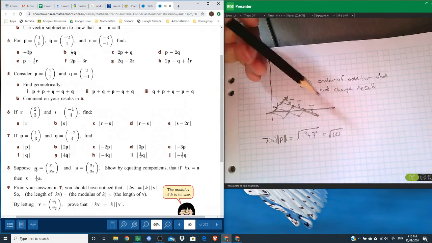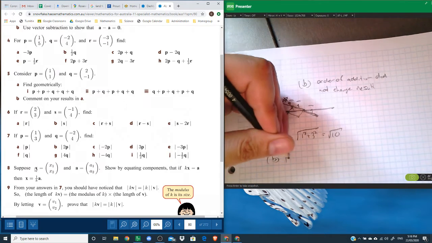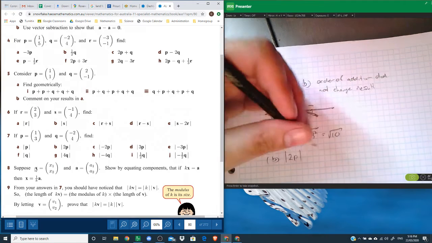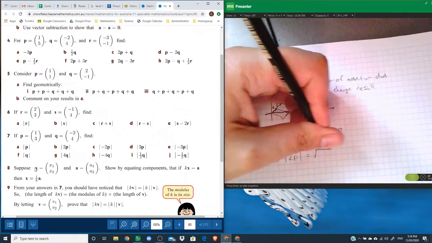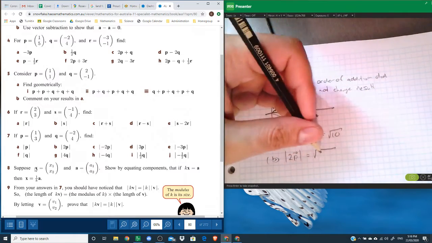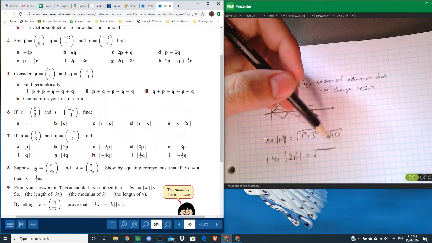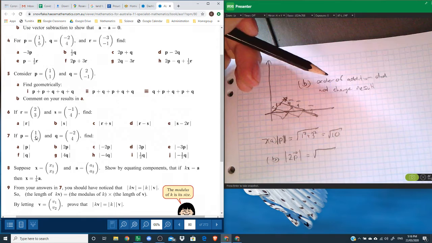What happens if I had B? B is the modulus of 2P. What effect does doubling the vector have on the length? Before I took the square root, I should have actually doubled it, but I'll do this in my head. We've got (1, 3), which will become (2, 6).